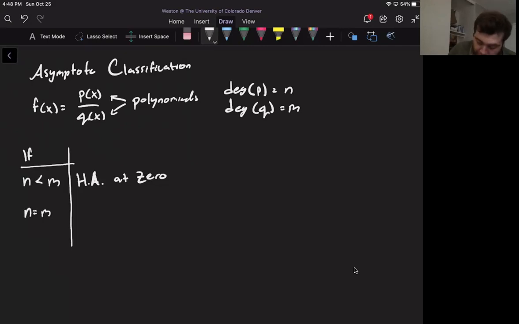If n equals m, then we have a horizontal asymptote at, and this is where we need to write a little bit more information about our polynomials.